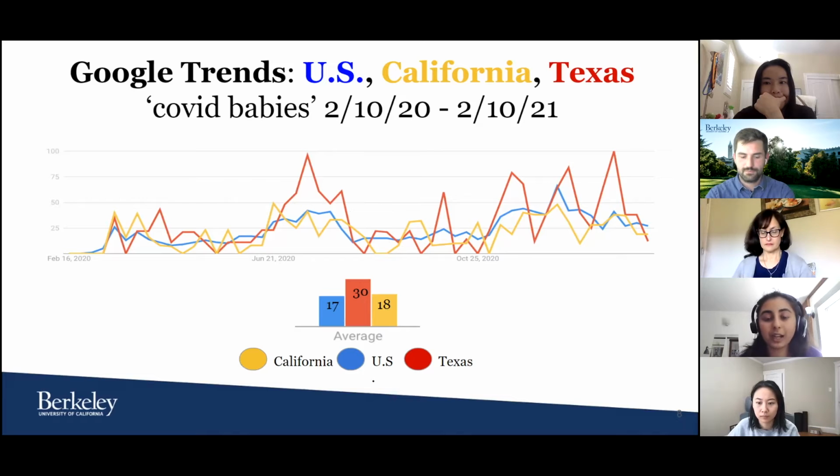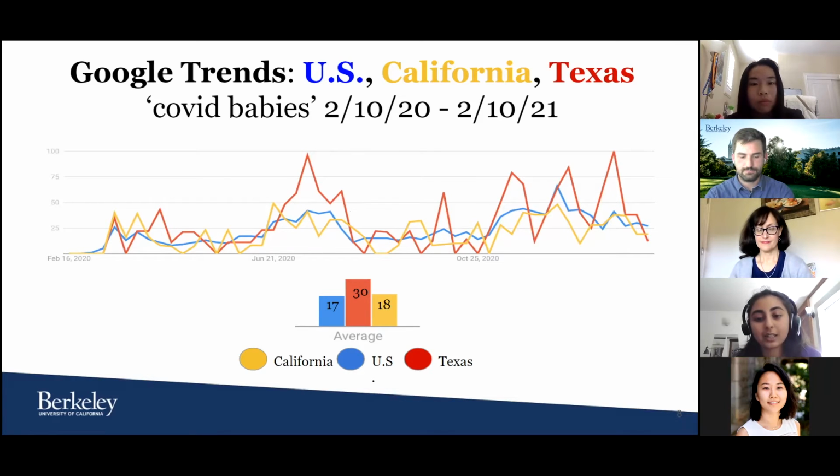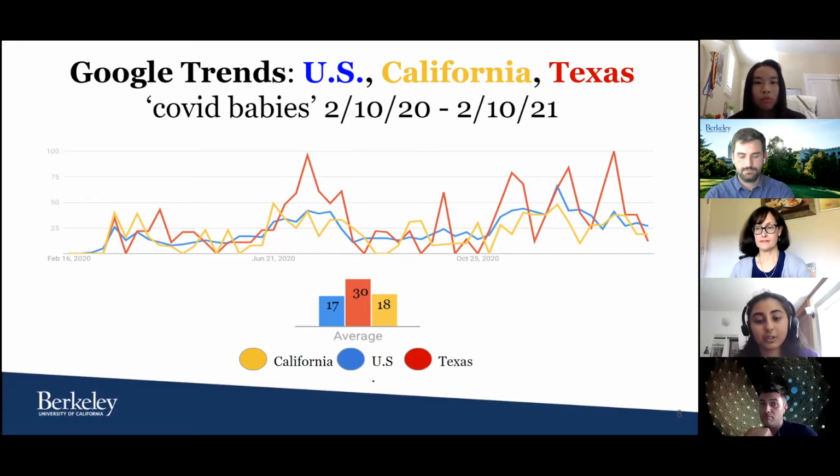And so that got us thinking, with that follow-up search term of 85 babies with COVID in Texas, and also Texas having a higher search interest over time, we wanted to explore what was happening in Texas that was so different, that was causing people to search more about COVID in babies versus the United States.